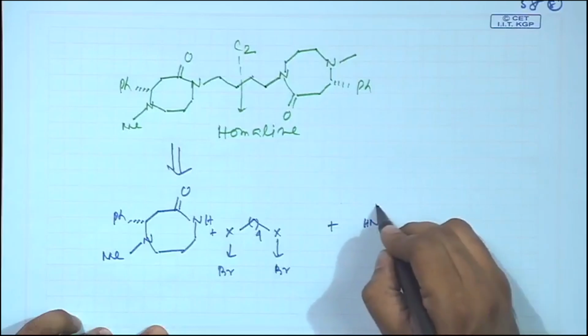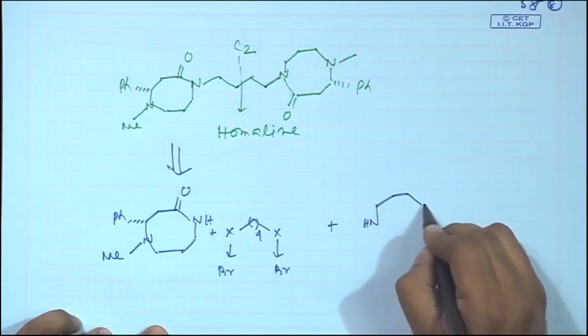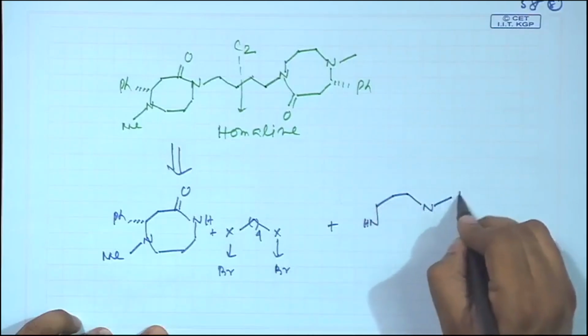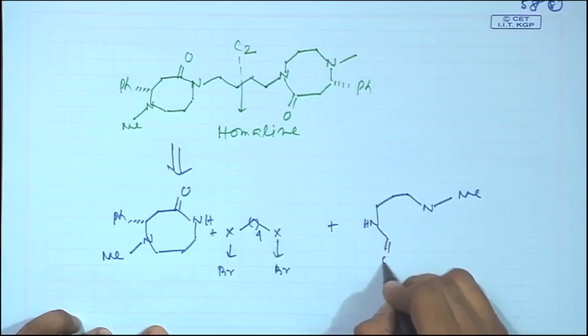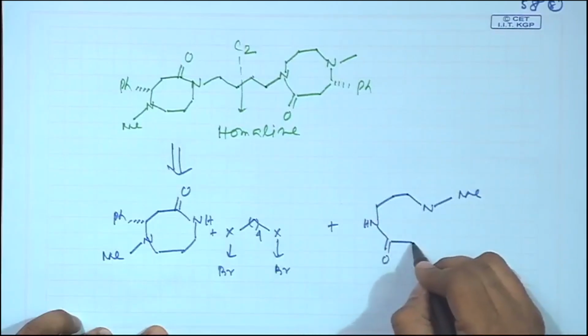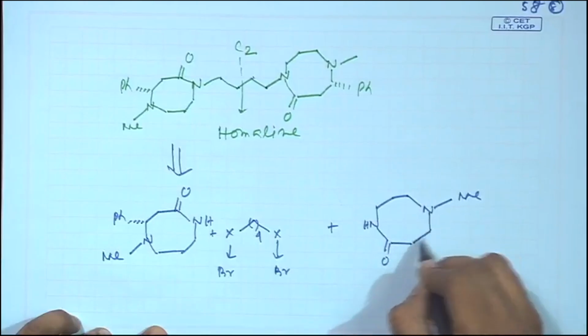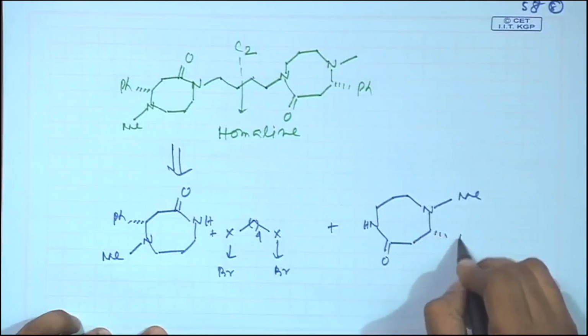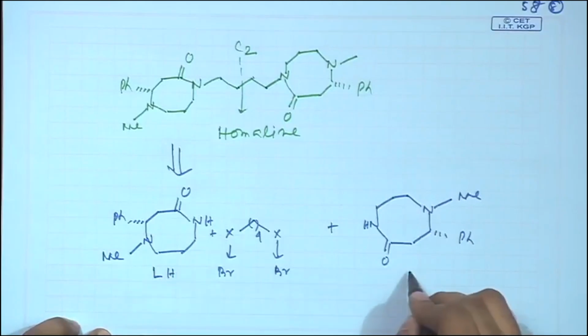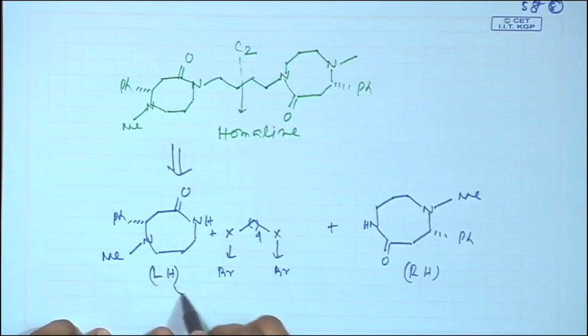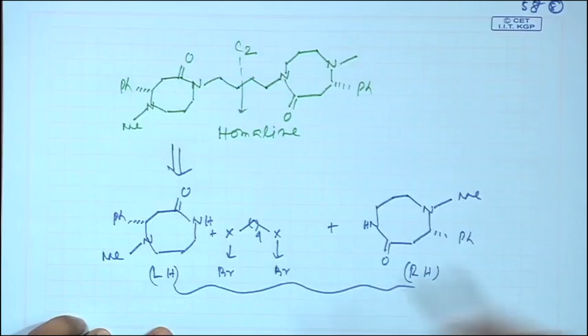Now, this means these compounds have the same sense of chirality. So, this strategic exploration through C2 symmetry was very useful. This left half and this right half are homochiral, or they have the same sense of chirality.